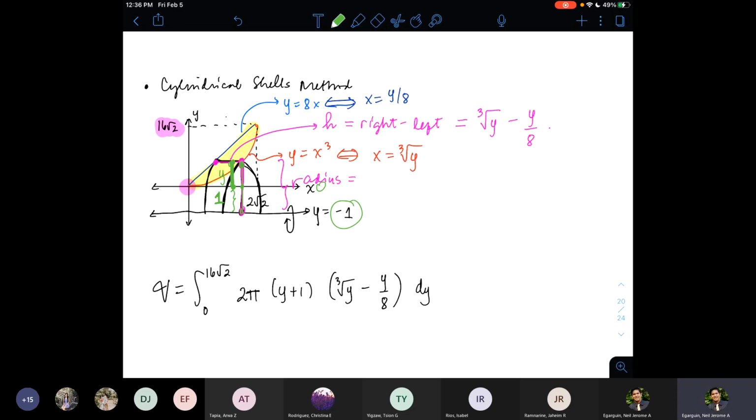Okay, I hope that's clear. And you see how helpful the picture was in determining the radius and the height of the cylinder. So that's why I suggest every time you work problems like this, you always sketch the figure.